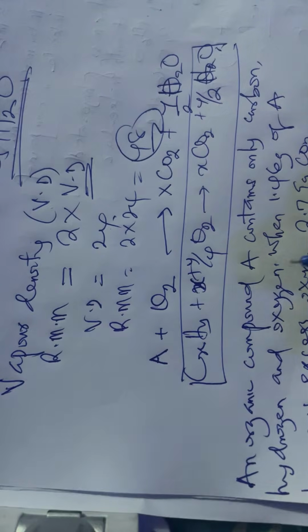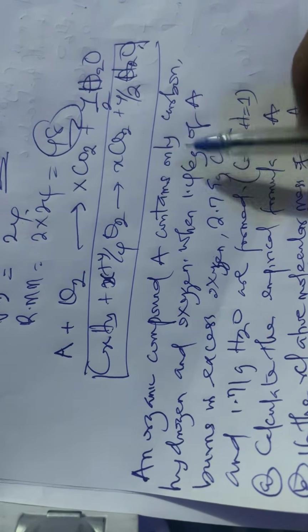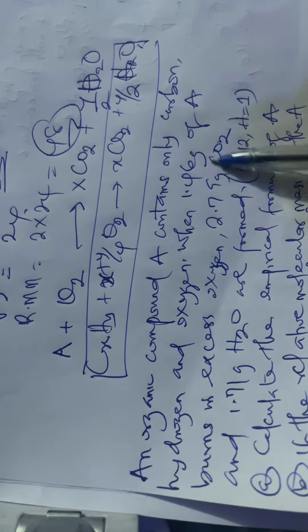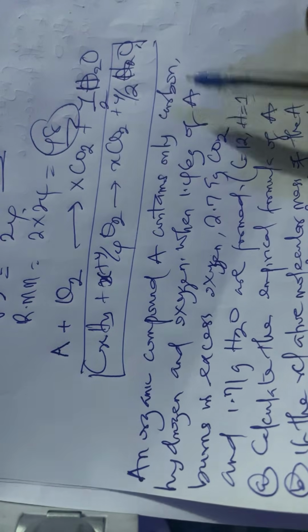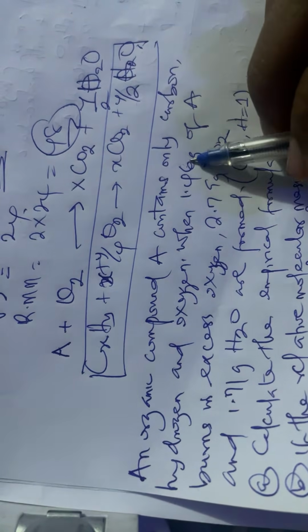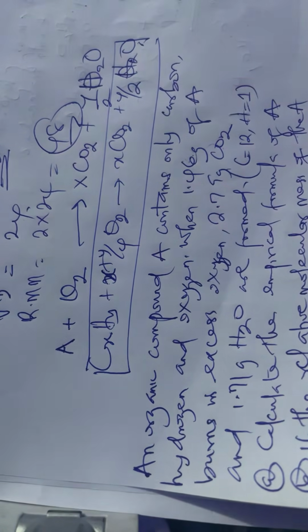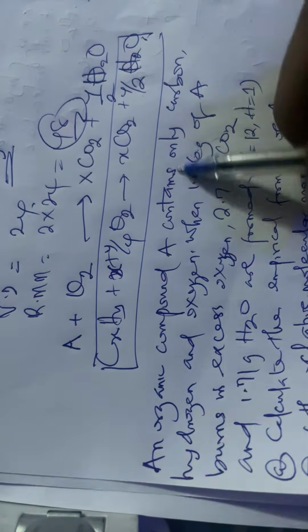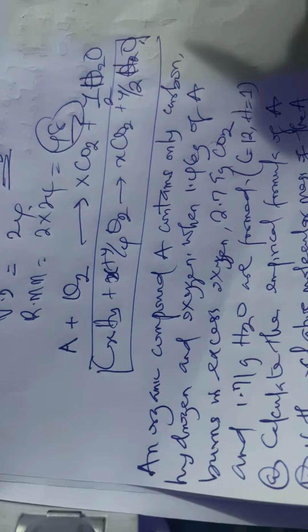It says when 1.46 grams of A burns, which means this is the mass of A that was given. So inside this 1.46 grams, we have the mass of carbon, the mass of hydrogen, and the mass of oxygen.